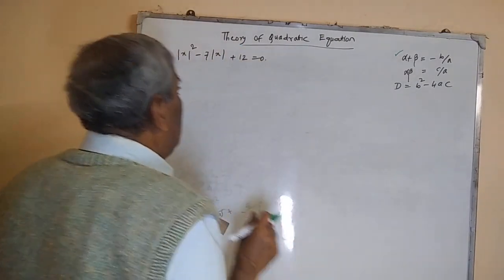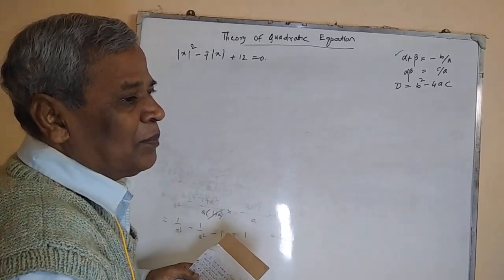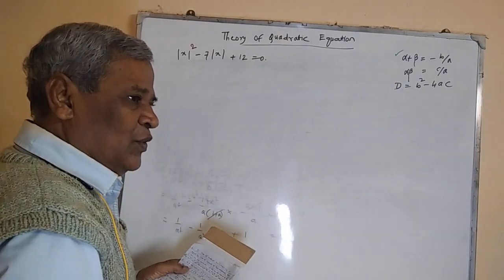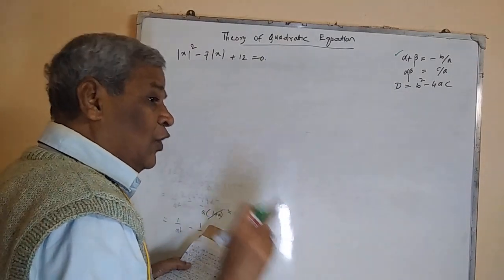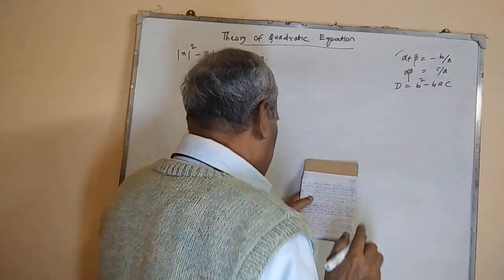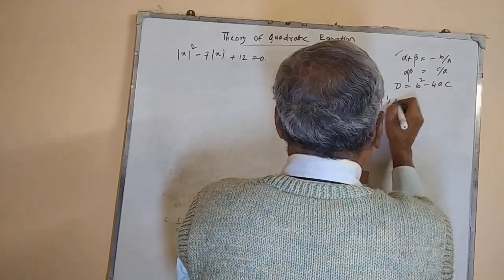This is actually a quadratic equation, but x is given in terms of modulus. We need the number of distinct real roots of that. This is the problem, and options are 1, 2, 3, 4.